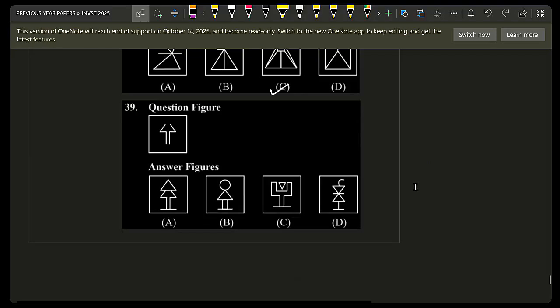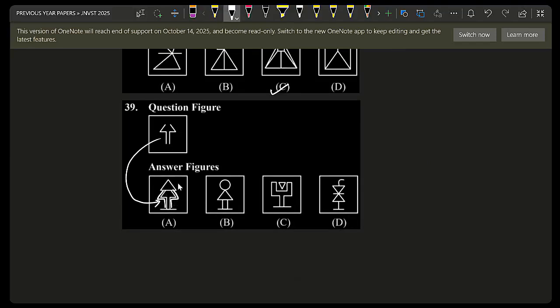Yes, 39. Option A is correct. So you can see this part is there here. 1, 2, 3, 1, 2, 3. Yes, it is there. Option A.